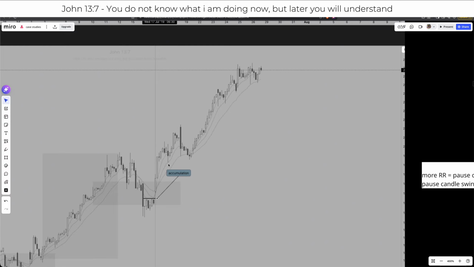It's too early. He kind of trailed with the 20 EMA under the low, like a swing point basically. So what he would do is see this move up and then put it under this swing. So he wouldn't close here. He would just wait for price to move up and then move his stop loss to here.